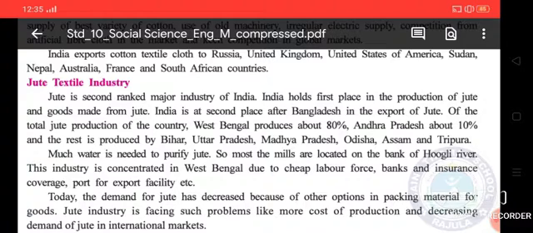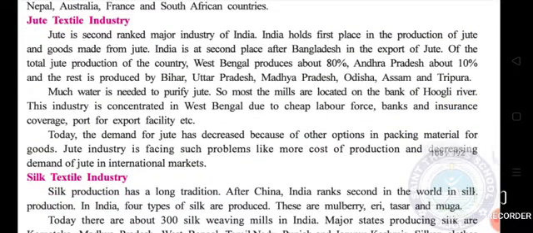Today, the demand for jute has decreased because of other options in packing material for goods. So our jute demand has become very low now. The jute industry is facing problems like high cost of production and decreasing demand in the international market.